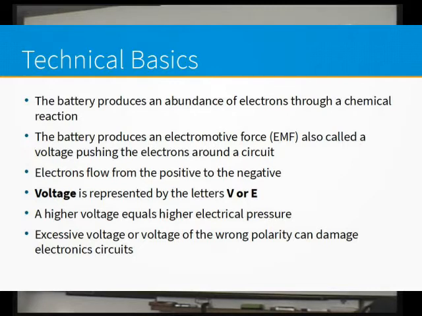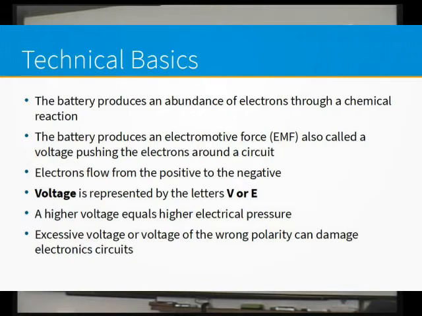Voltage is represented by V or E. In your exam papers it's E. So yeah, that's the symbol, if you like, for voltage. E as in electromotive force. Now a higher voltage equals a higher pressure.